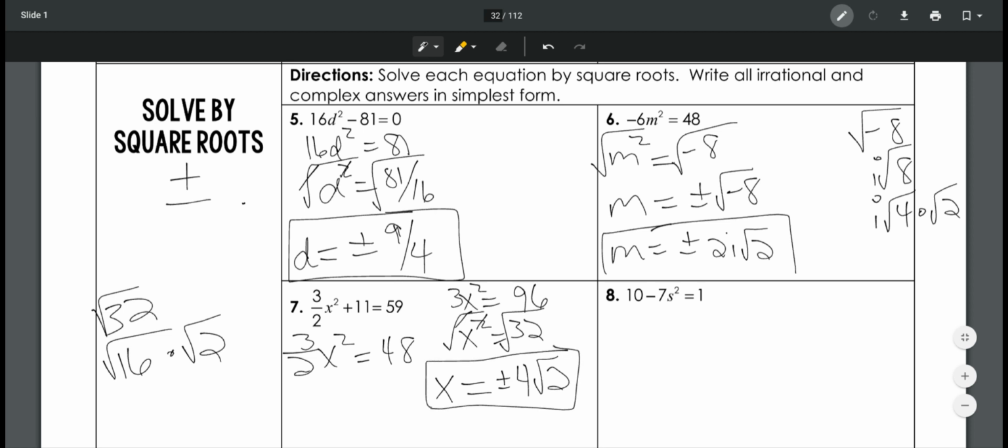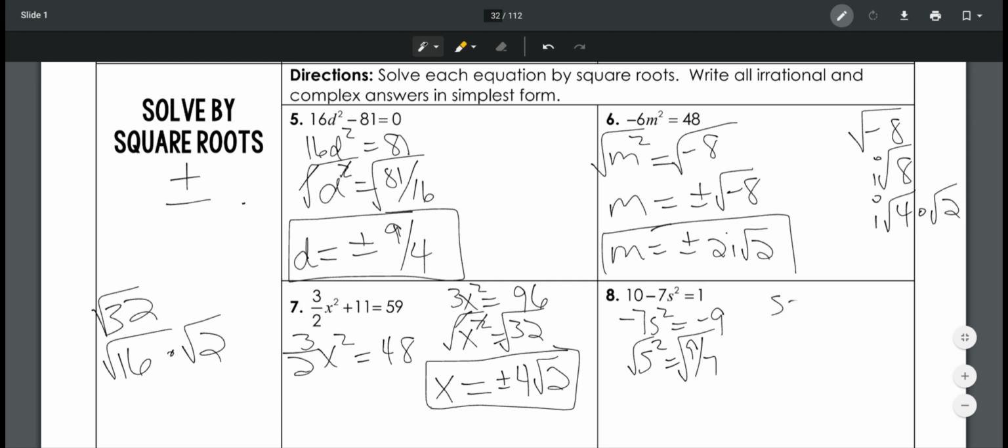In the last example, I am going to subtract 10. That gives me -7s squared equals -9. Then I'm going to divide both sides by -7, so that gives me s squared equals 9 over 7. At this point, I am going to take the square root of both sides.